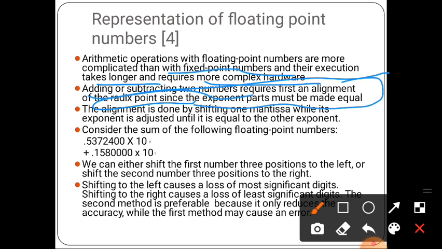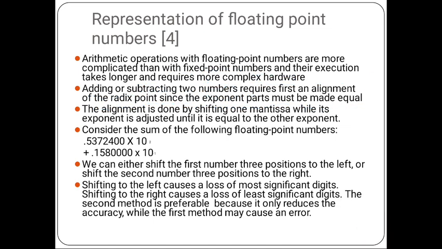So for an addition or a subtraction, the first step is we need to align the radix point, because we need to make the exponent parts equal. The alignment is done by shifting one mantissa.